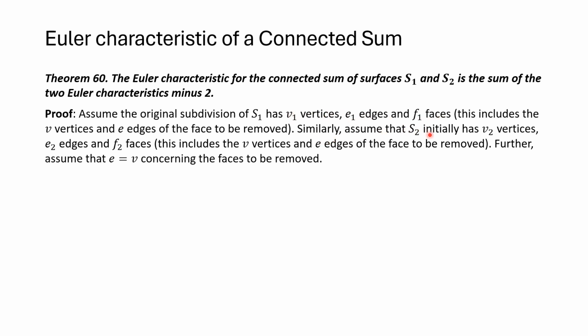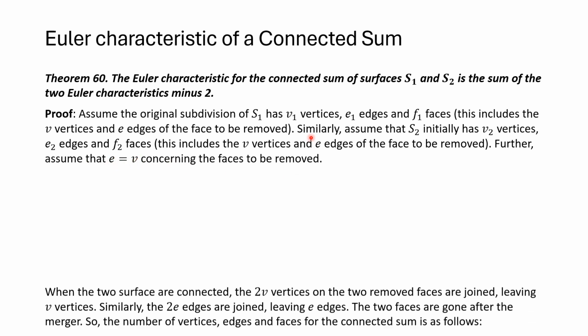And then we do the same thing for S sub 2, and further assume that E equals V. So the number of vertices equals the number of edges related to the face to be removed. So for example, if we remove the triangle, then we would have 3 edges and 3 vertices. So this would hold for that.